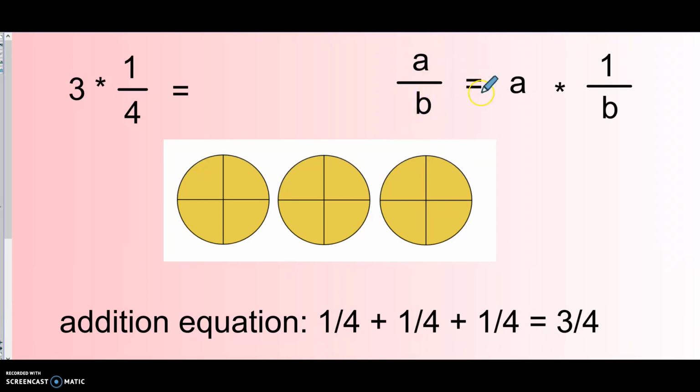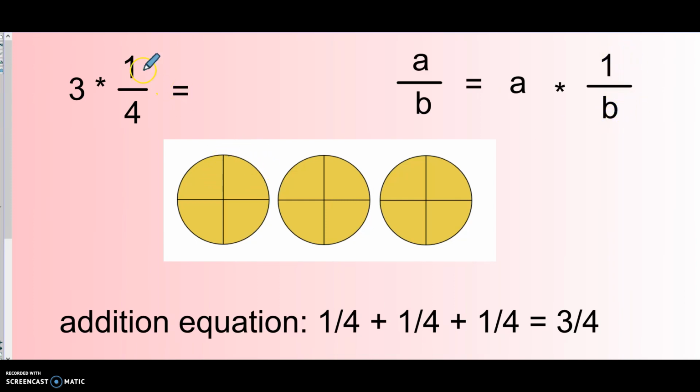A over B is equal to A times 1 over B. In this equation, 3, my whole number, is represented by the letter A. And my unit fraction, 1/4, 1 over B, B represents my fourth, 1/4.